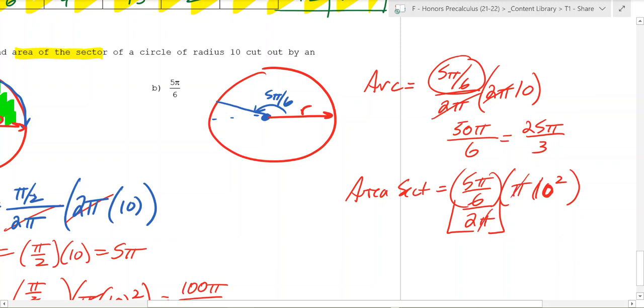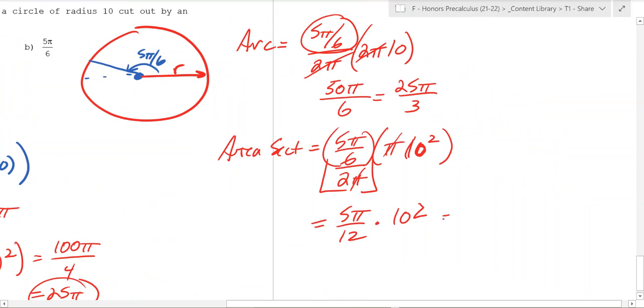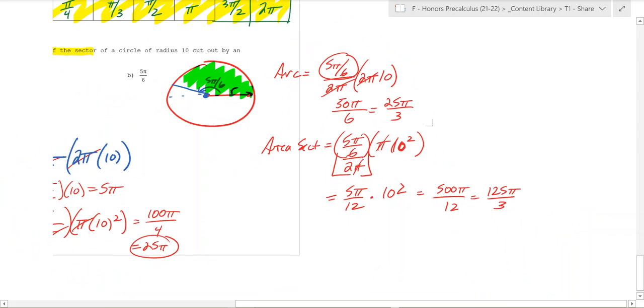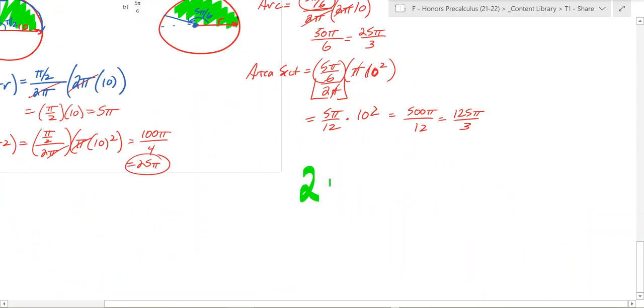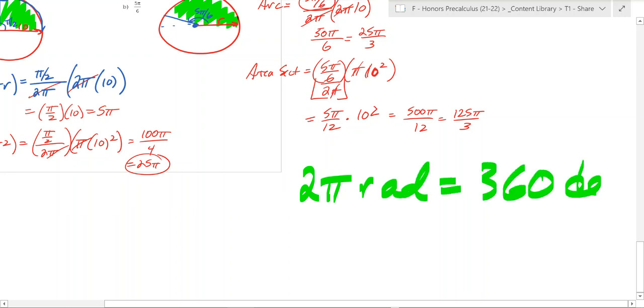You end up with 5 pi over 12 times 10 squared. So you end up with 500 pi over 12, which is 125 pi over 3. That's the area of this right here. The only thing that changes is the 360 becomes 2 pi, because remember, 2 pi radians equals 360 degrees. That's very important.